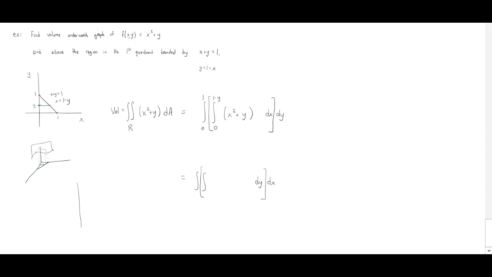So this time I have x on the outside. In my region, I do have x going from 0 to 1 altogether. So that is going to be my bounds on x on the outside.